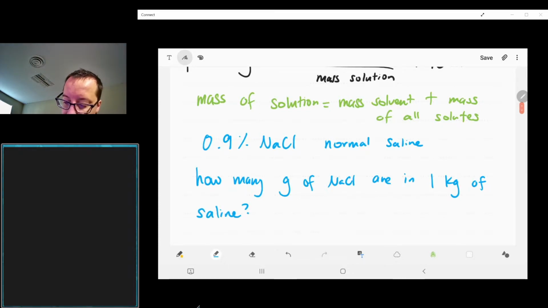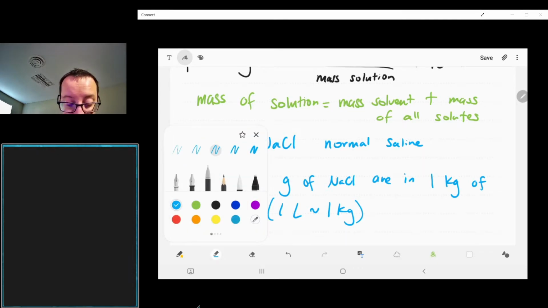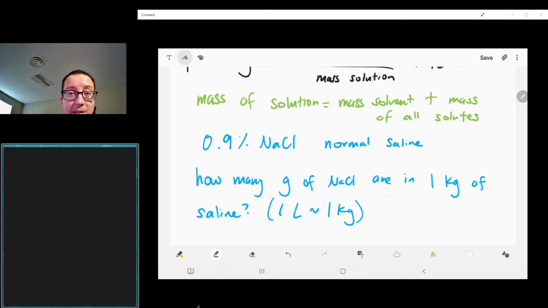And for this, just for your own understanding, for dilute solutions like this, typically a liter and a kilogram are going to be the same thing. I will let you know if you're going to need to use the density to convert between them, but for right now, we'll just work with this. So notice it says kilogram of saline, not kilogram of water. That's the total mass of the solution.